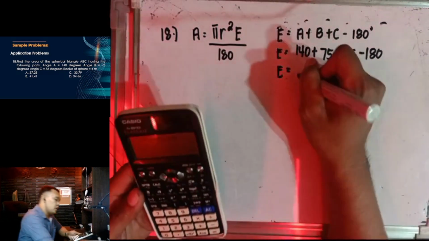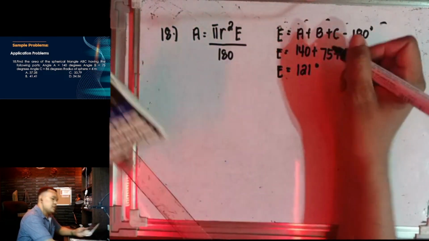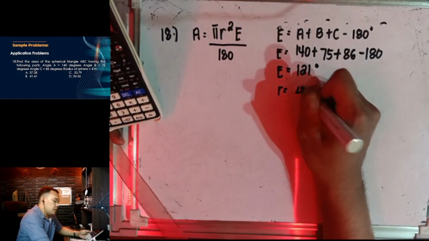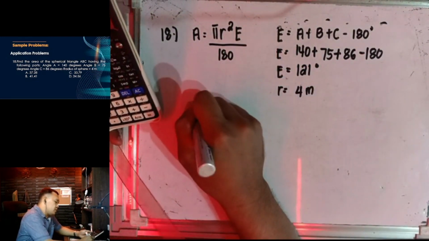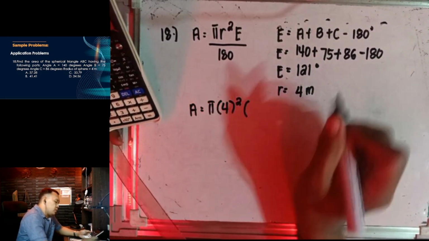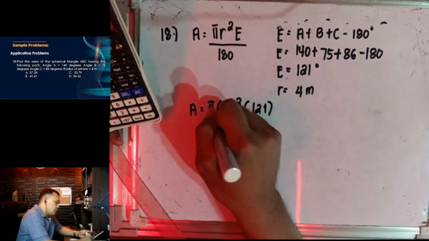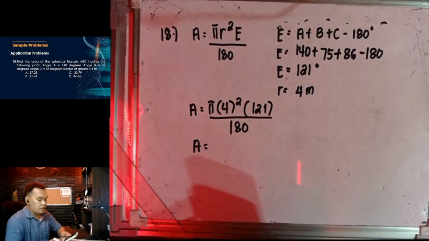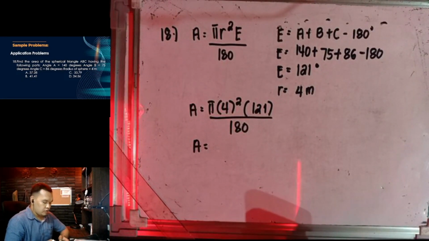So, we have here 121 degrees. Then, given the radius is equivalent to 4 meters, we could compute the area, which is equivalent to pi times 4 squared times E, which is 121, divided by 180.